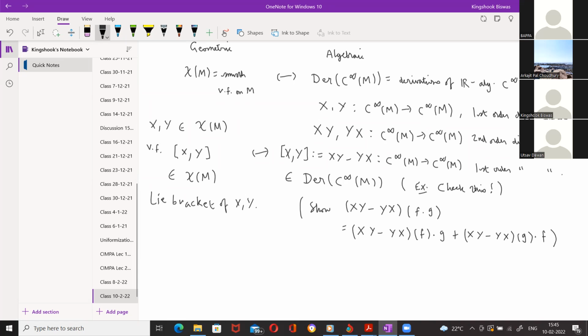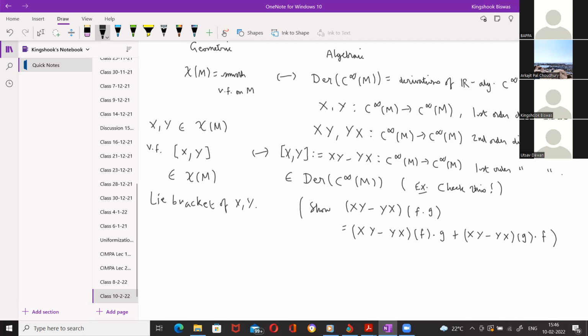This works for any ring. You take any ring and you take a derivation of the ring. That means a map from the ring to the ring, a commutative ring, let's say, which satisfies the Leibniz rule. Then for any two derivations of the ring R, the bracket of the two derivations, XY minus YX, will also be a derivation. This is pure algebra. Is that clear, Utsav? Yes, sir.